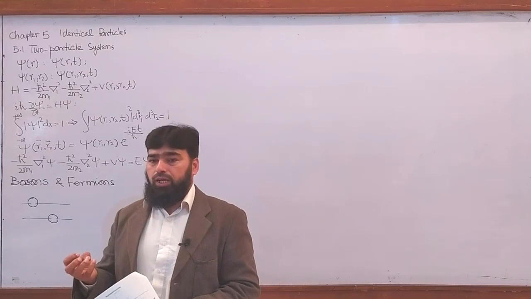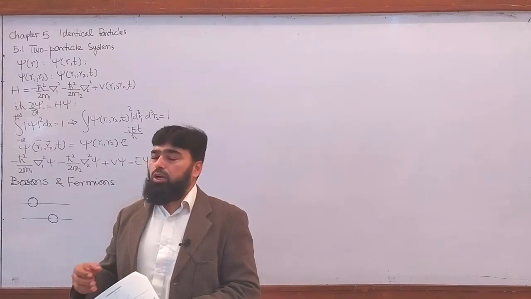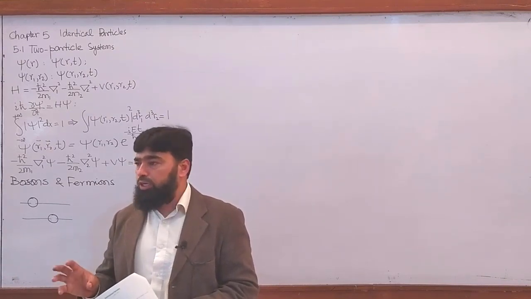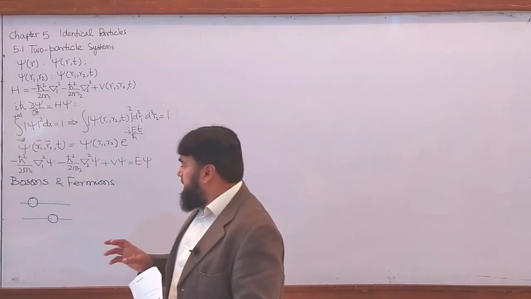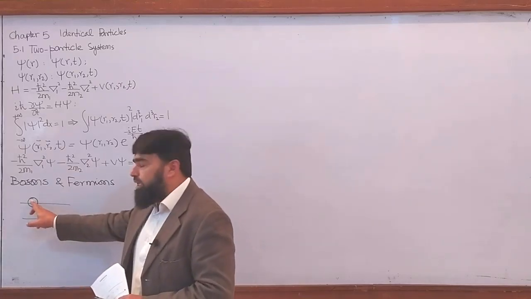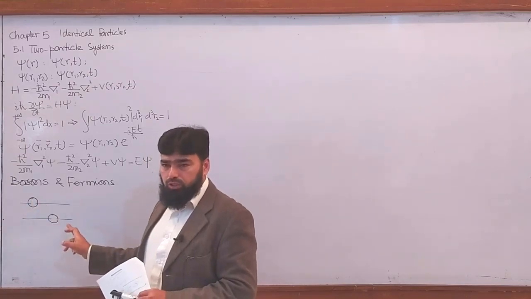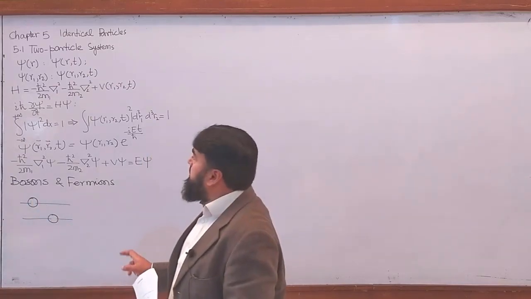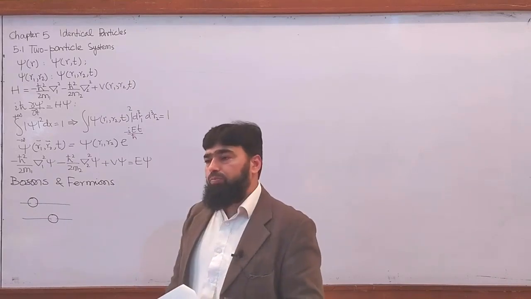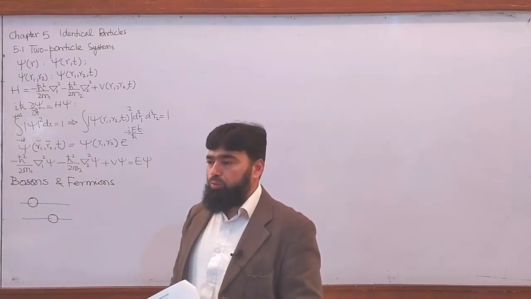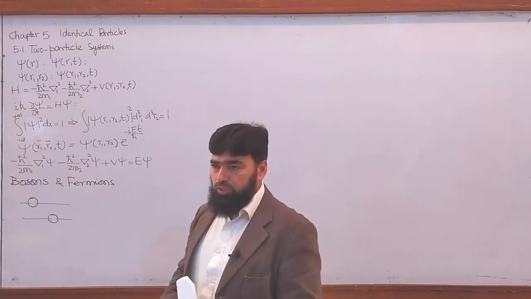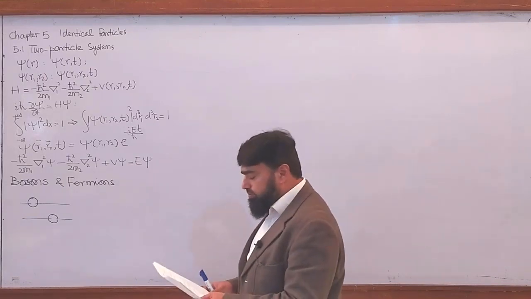You cannot recognize them. That's why you give them a common name, nucleons. In the same sense, you cannot say which electron is with spin up and which electron is with spin down. So electrons are completely identical particles, or we can say indistinguishable particles.